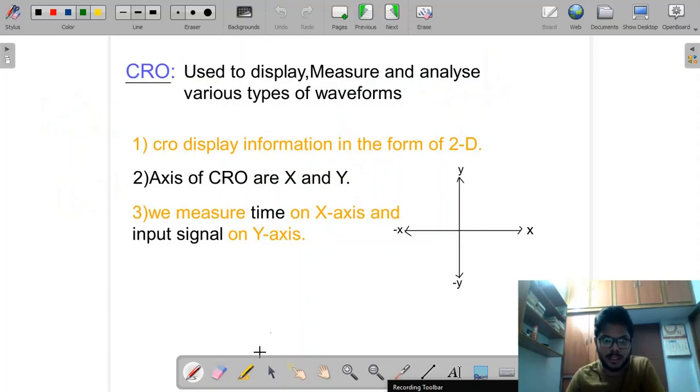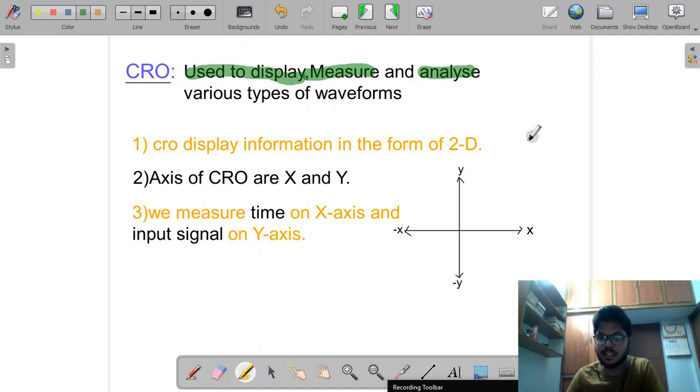I have written very important topics for you which will make your concept very clear. CRO is used to display, measure and analyze various types of waveforms.